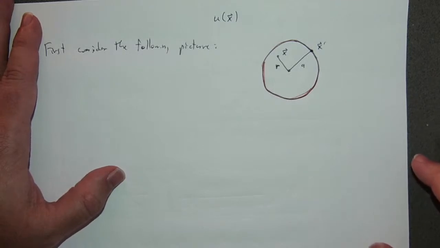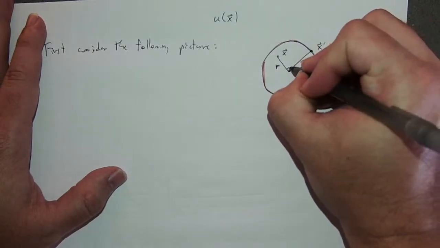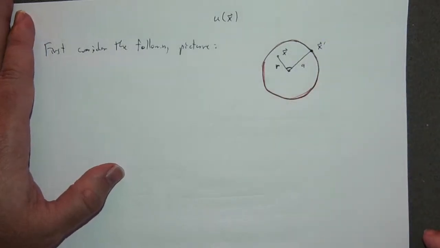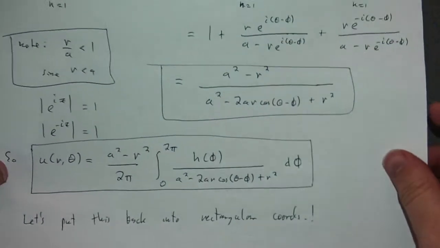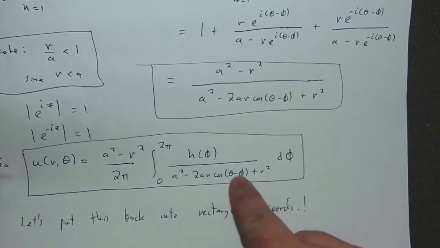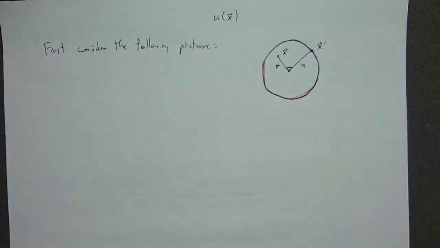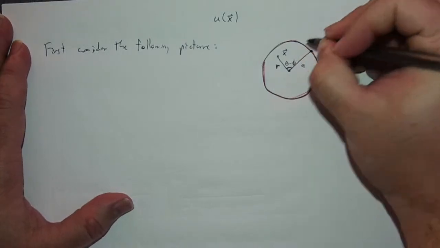Well, this angle between x and, say, x prime, what is that represented by in this formulation? In this formulation, this theta minus phi is exactly this angle between these two.